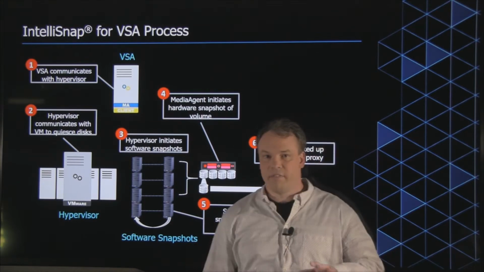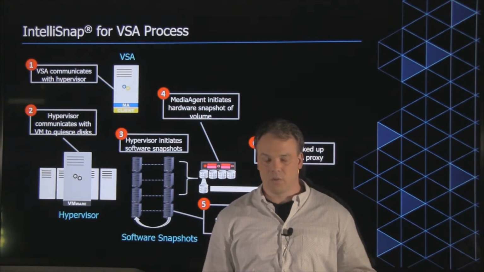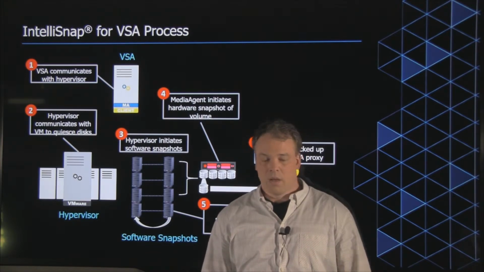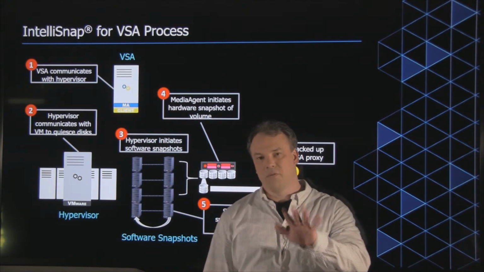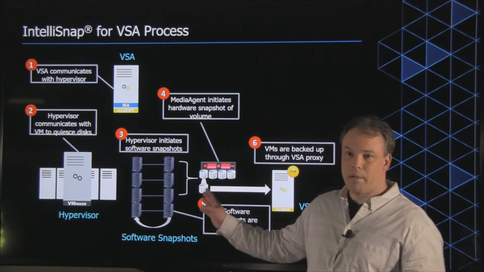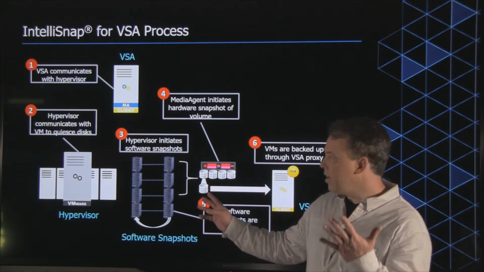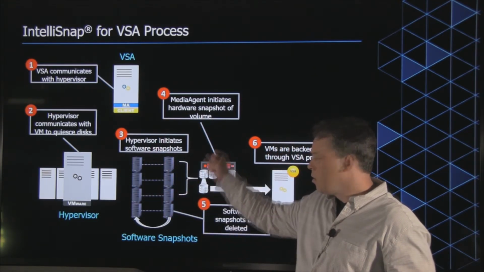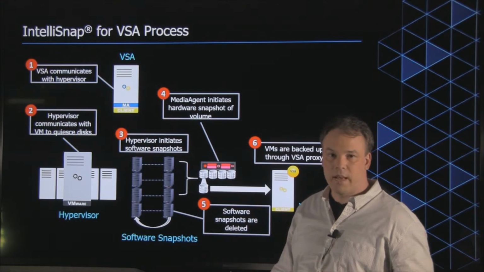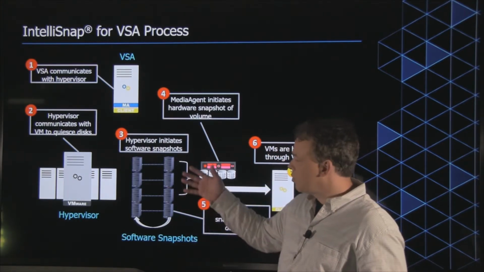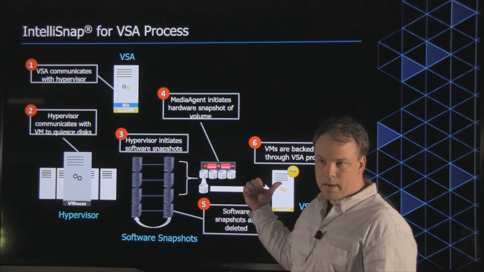Let's say there are 5 trouble VMs sitting in that data store, high transactional VMs, but there's 20 VMs in the entire data store. If I go ahead and just define those 5 VMs in the subclient, we're still going to do the hardware snapshot, but basically what you're going to have is 5 VMs, VSS, software snapshots, properly quiesced. The other 15 are just going to be dirty snaps. It doesn't matter. We're snapping the entire volume anyway. It's just those 5 VMs are the ones that we want to back up.